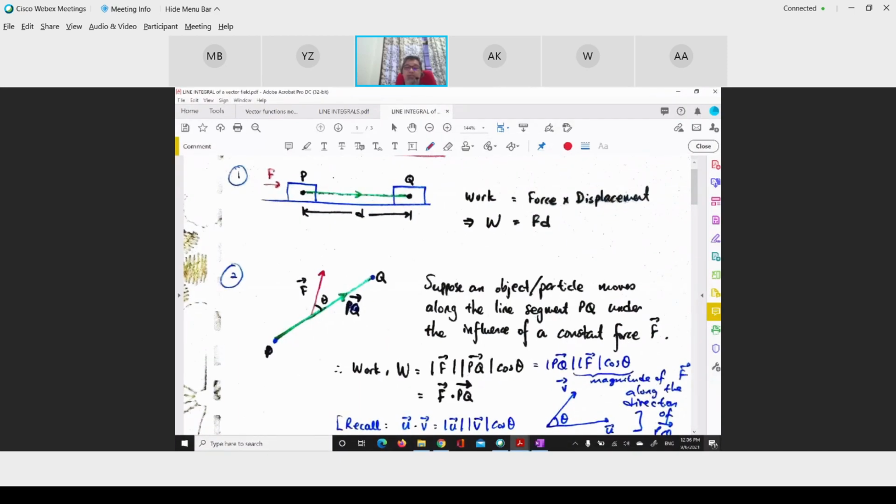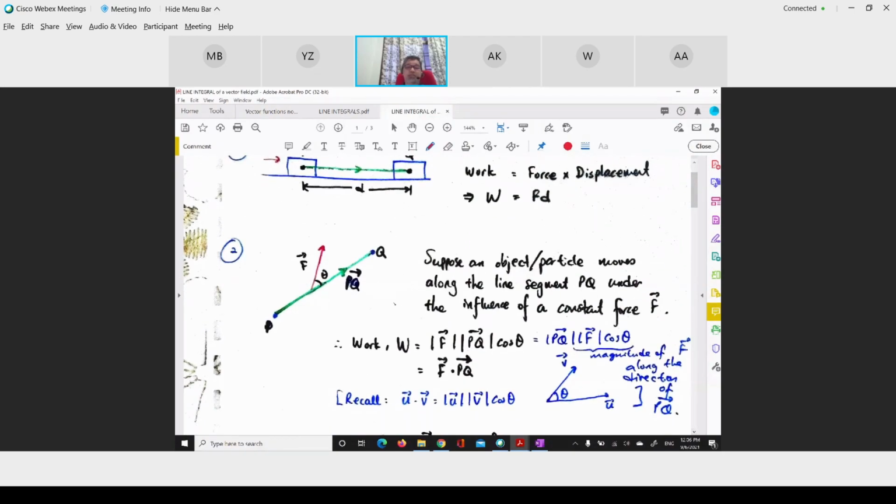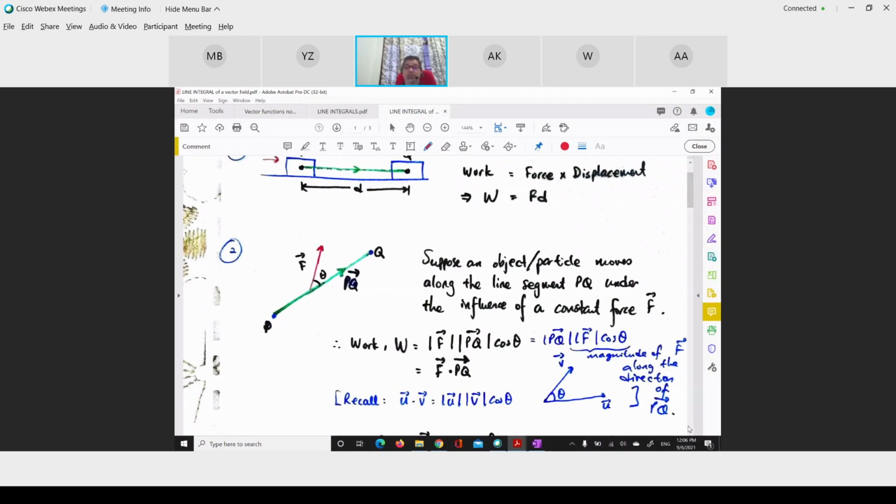Now suppose the direction of the force is no longer parallel to the displacement. Suppose a particle moves along the line segment P to Q under the influence of a constant force F. Now F is a vector, it has a direction, and this direction is no longer parallel to the direction PQ.